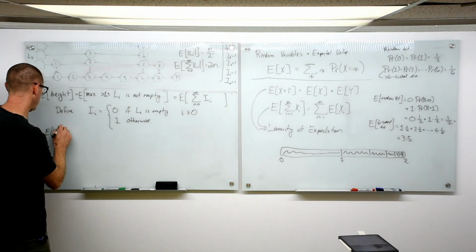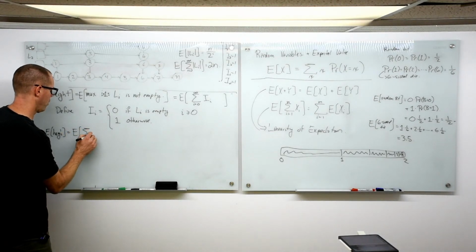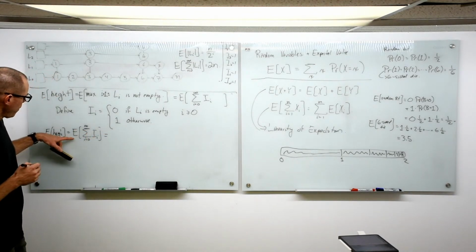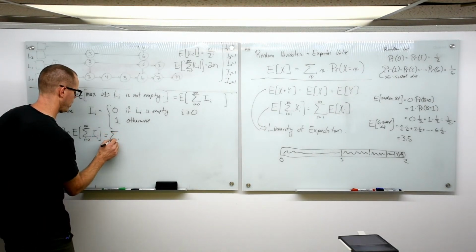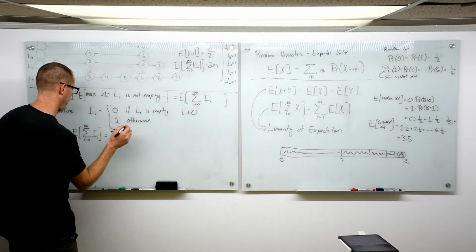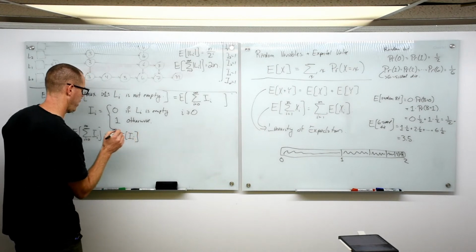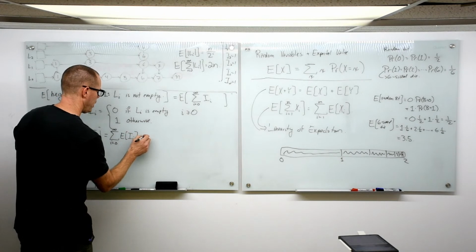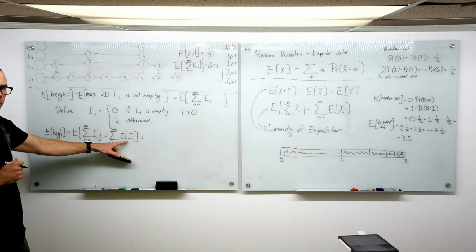The expected height is the expected sum, i equals 0 to infinity, of I_i. We have the expected value of a sum, so we use linearity of expectation: the sum, i equals 0 to infinity, of the expected value of I_i. And that means we should try and figure out the expected value of I_i.